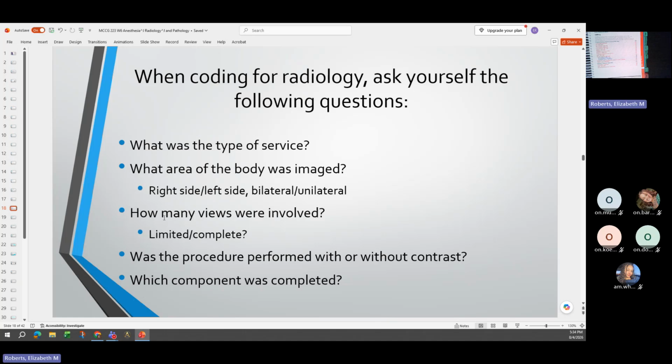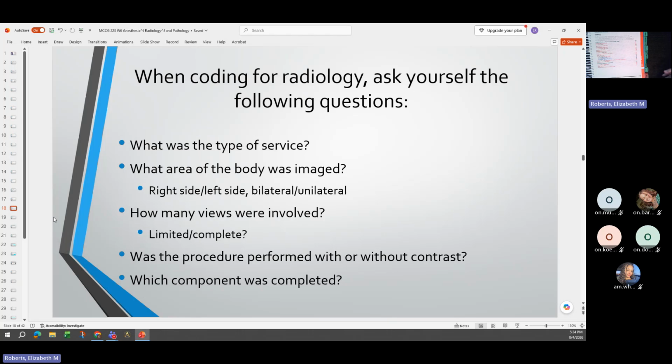Okay, next bullet is how many views were involved. Views are essentially how many different pictures did we take, right? From the front to the back would be anteroposterior, from the side would be lateral. You could go from the top down, from the bottom up. You can do all sorts of weird twisty things. So essentially how many views, how many pictures are performed.